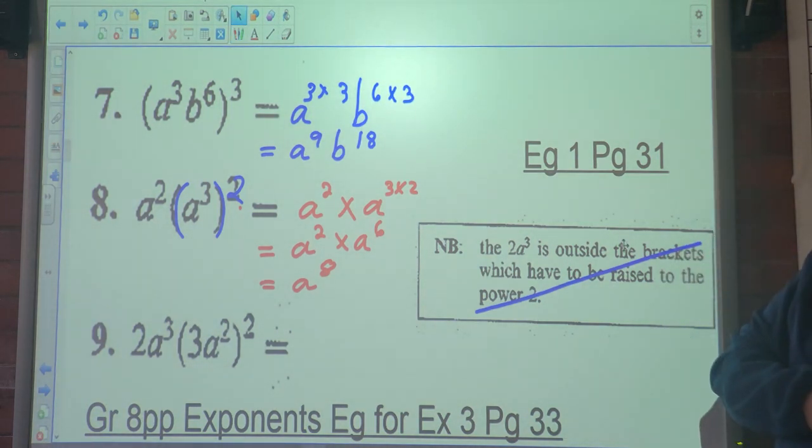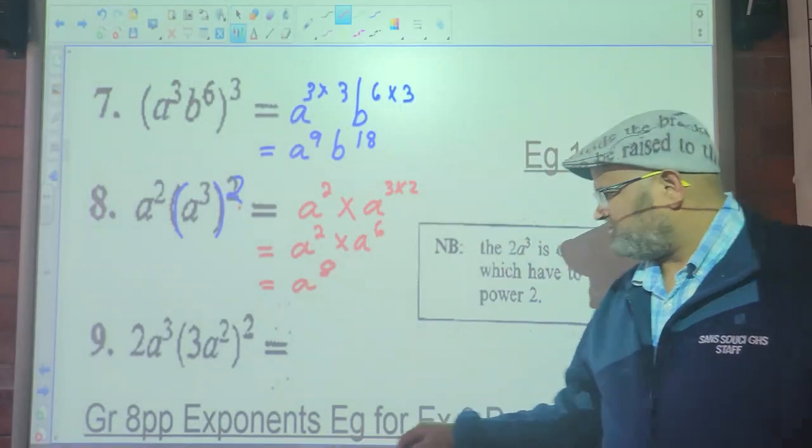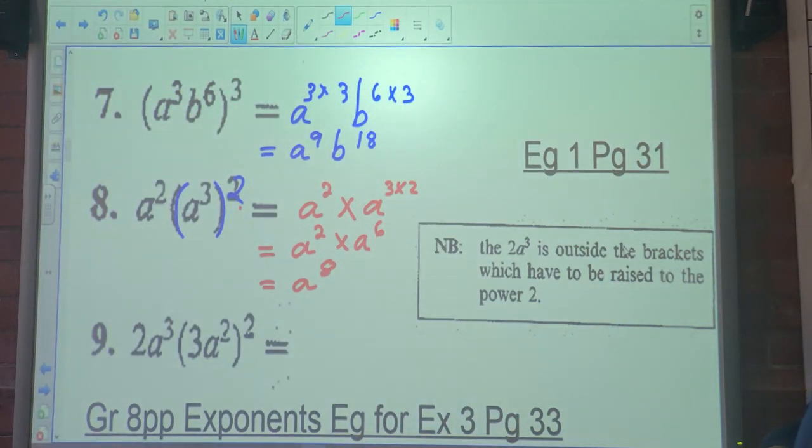Or is it right? I think they refer to the bracket that must be raised to the power 2. The 2a cubed is outside the brackets, which has to be raised to the power. Okay, I think there should be a comma here. Yes, sir, 2a cubed is outside the brackets, which has to be raised. If there was a comma there, it would have made more sense.